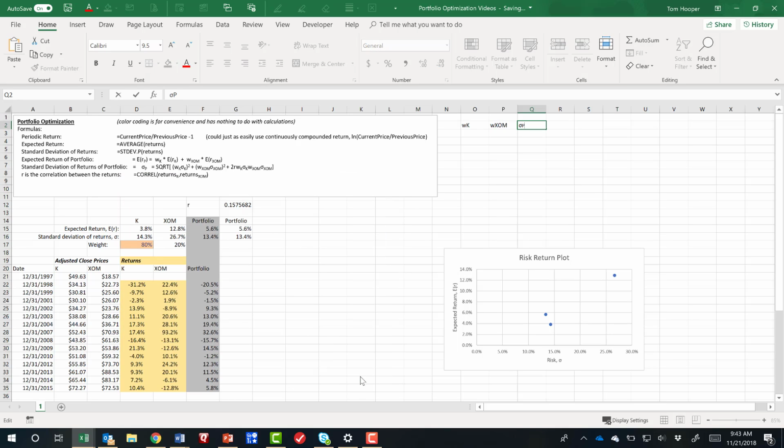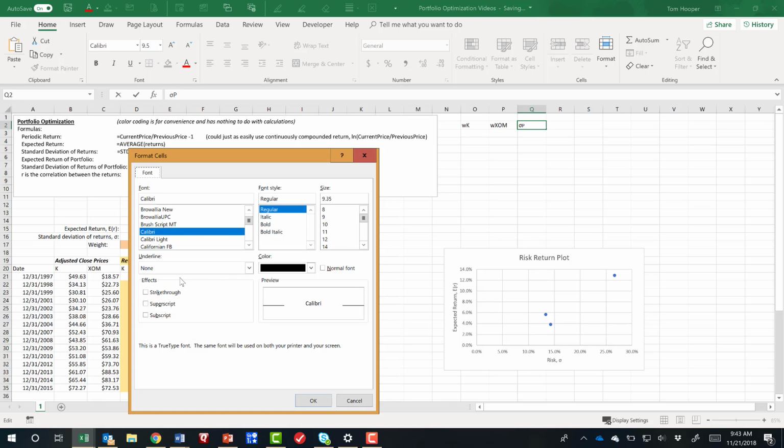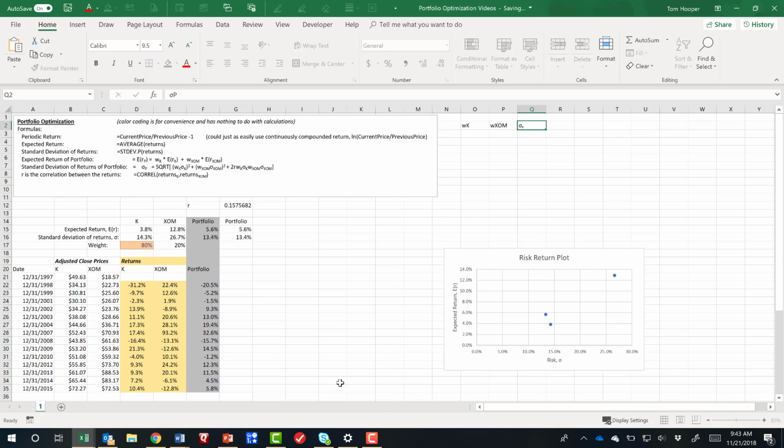To get that P as a subscript, I'm going to highlight the P, go to font, and make it a subscript. So that's the risk of our portfolio, and then the expected return of our portfolio. Again, I'm going to use that trick by putting space, parentheses, hit F2, go left, and delete the space.